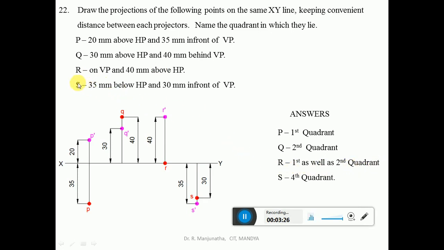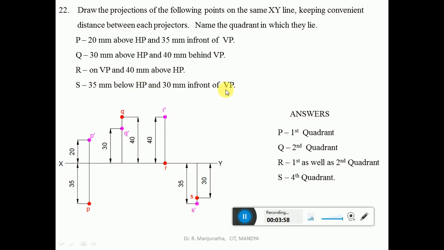Similarly, capital S is 35 mm below HP and 30 mm in front of VP. This condition of below HP and in front of VP is seen in the fourth quadrant, wherein both will be below the xy line. From the projector of R you draw one more projector at a convenient distance and mark 35 mm below the xy line. The 35 mm below HP is seen as the front view, so you get this point as S dash.